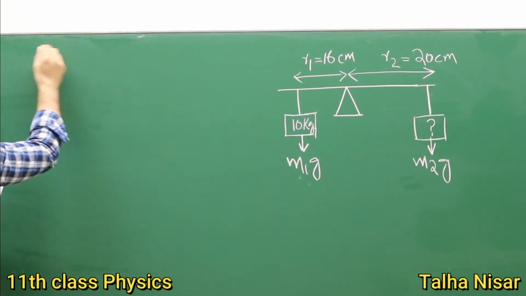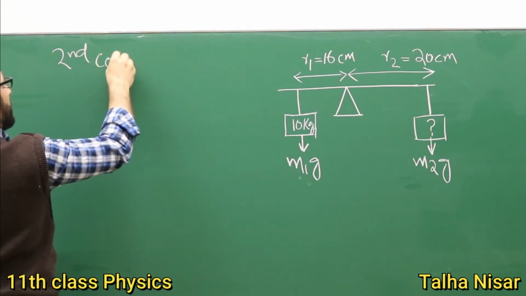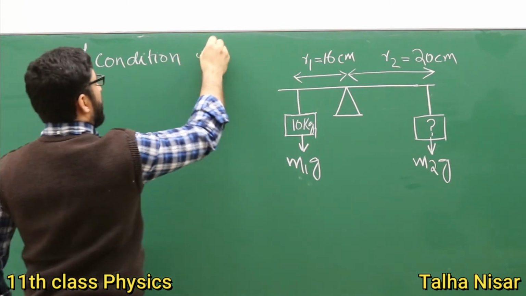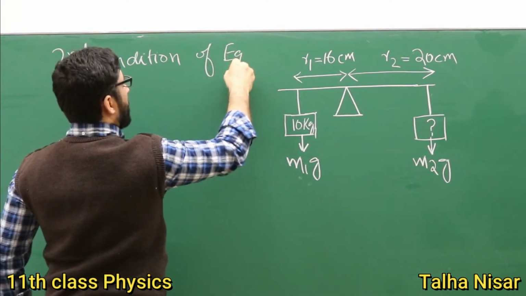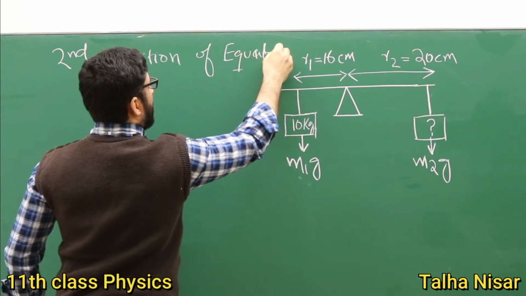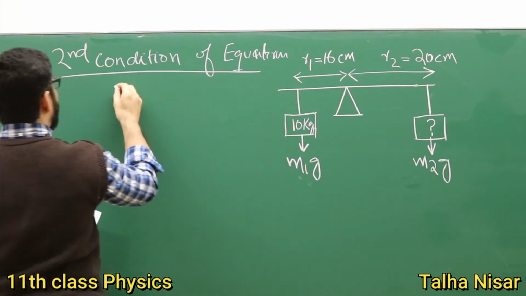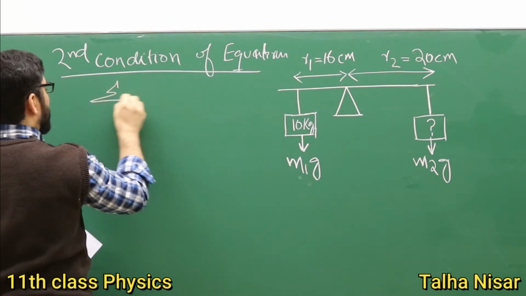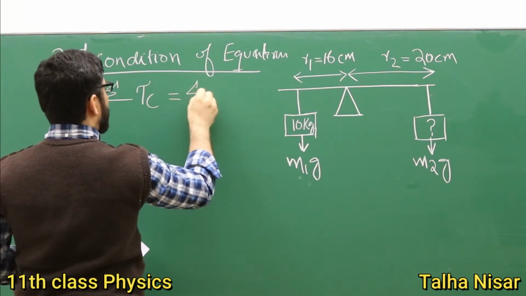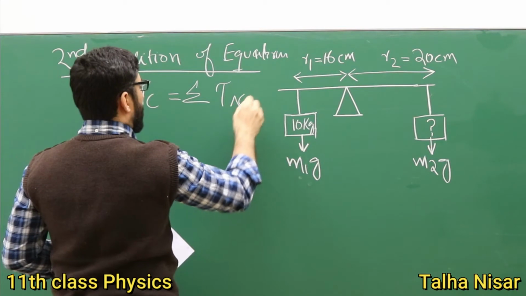So we use the second condition of equilibrium. The second condition of equilibrium is that the clockwise torque is equal to the anti-clockwise torque.